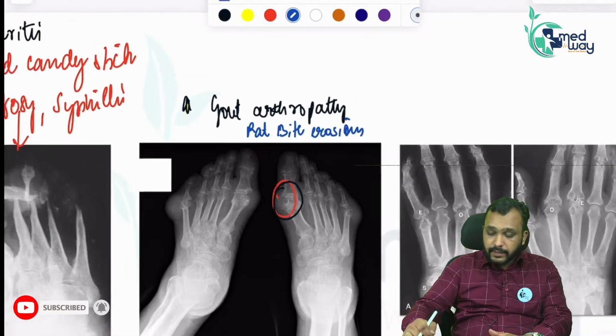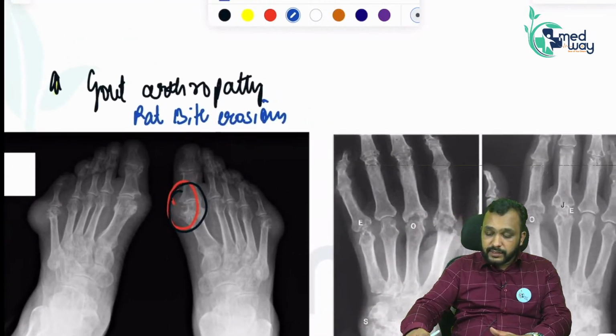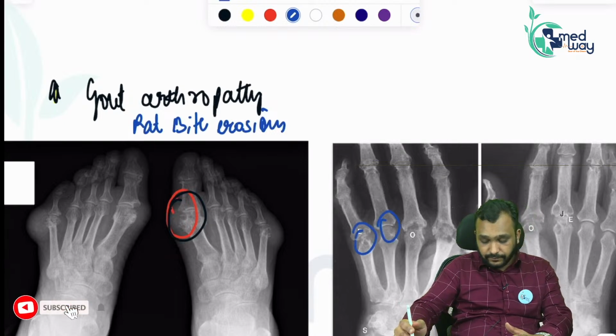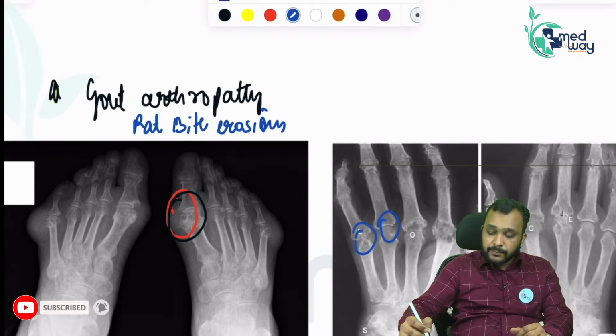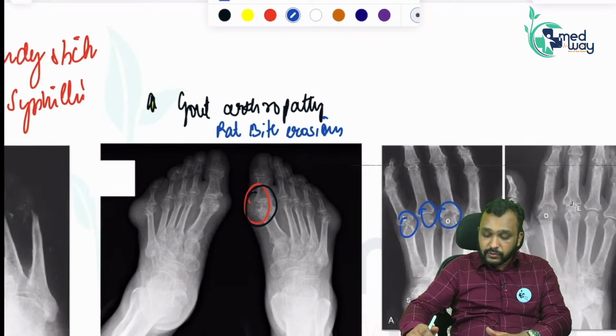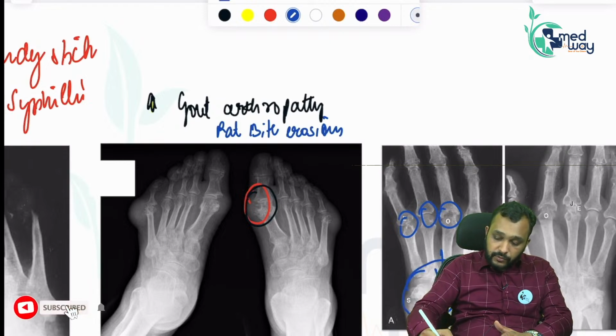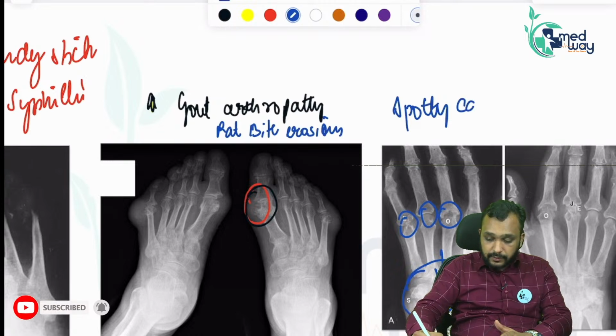Okay. And in the third X-ray, you will see that there will be erosions of the metacarpophalangeal joint. There will be osteopenia. Okay, so these erosions, and within the carpal bones you will get this spotty carpal sign. Spotty carpal sign.